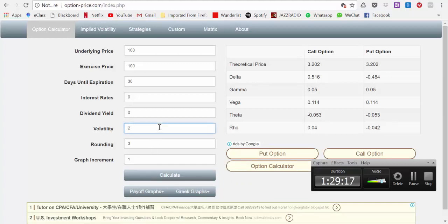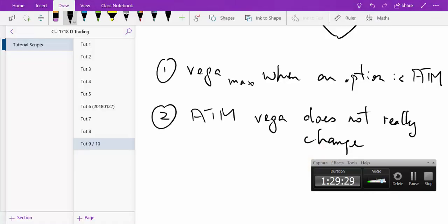Even when I change it to 20, Vega might change a little bit, but not by much, maybe not at all. Okay, it doesn't change. Now, it's not because there's something wrong with the system, okay? It's because of what I just told you. So Vega is at a maximum when an option is at the money, but it just stays there and it doesn't move around.